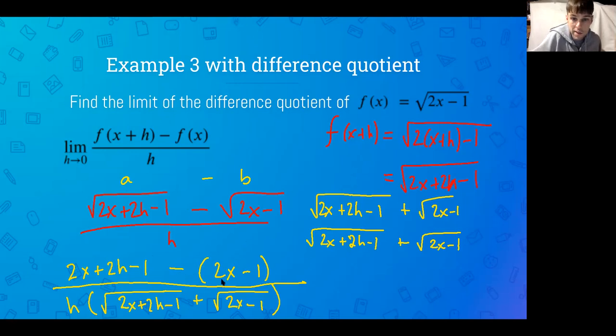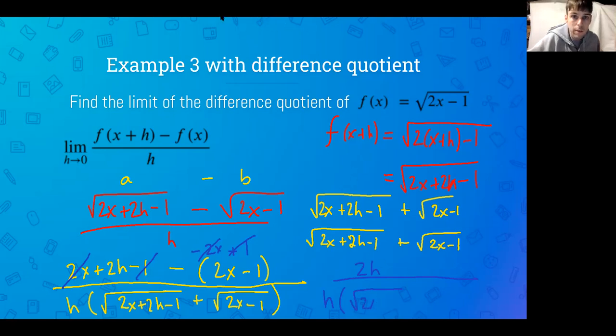When I distribute that negative in, we end up with negative 2x and plus 1. And that cancels out here, 2x and negative 2x, minus 1 and plus 1. So we end up with just 2h on top.